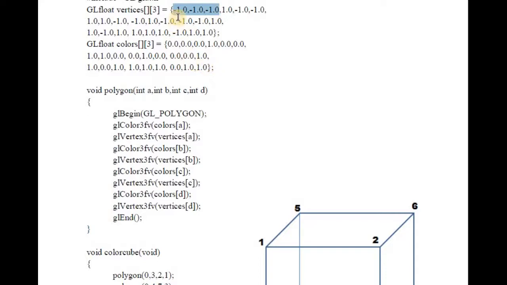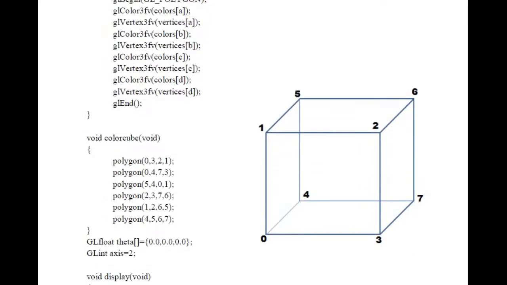The x value is minus 1, the y value is minus 1, and the z value is minus 1, and the index of this is vertices of 0. So this point is minus 1, minus 1, minus 1, because it is on the left side of the center point: left x is negative, below y is negative, front z is also negative.